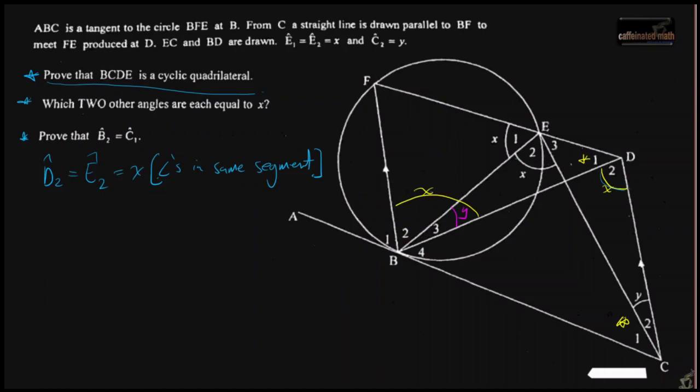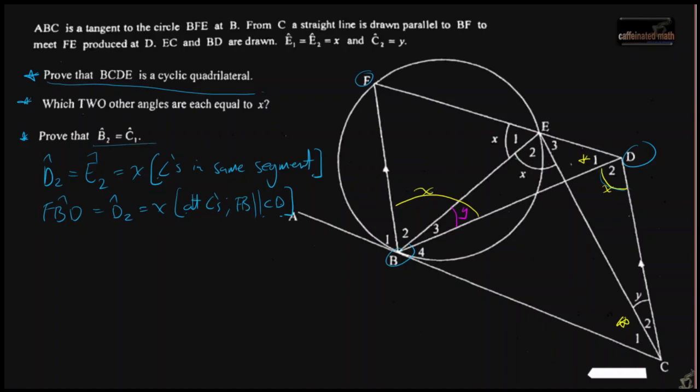And then the other one would be angle FBD. So angle FBD is equal to angle D2, which is equal to X. What would that be? Well, alt angles. And why is that relevant? Because again, FB is parallel to CD, or BF is parallel to CD.